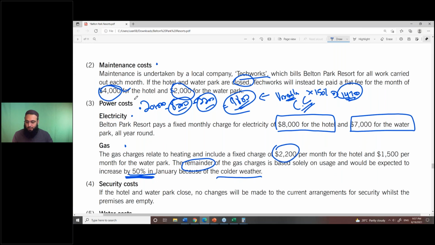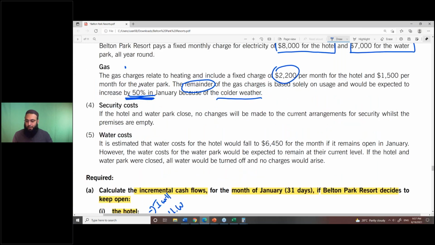Security. If the hotel and water park close, no changes will be made to the current arrangements for the security. Okay. If the hotel and water park close down, no change will be made to the current arrangements for security while premises are empty. So, do you think this will be relevant or not? So it's very simple.